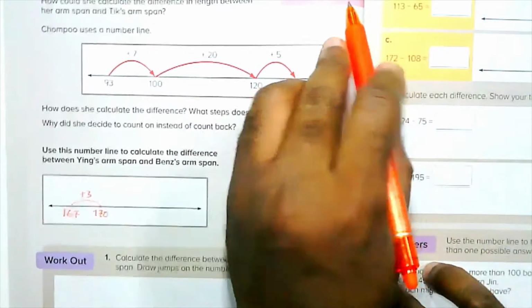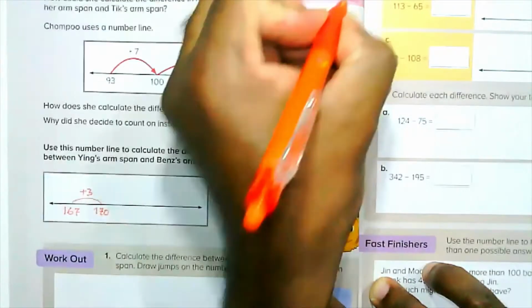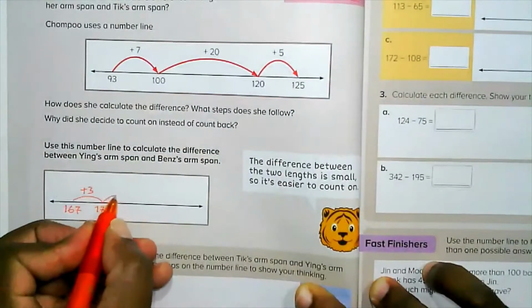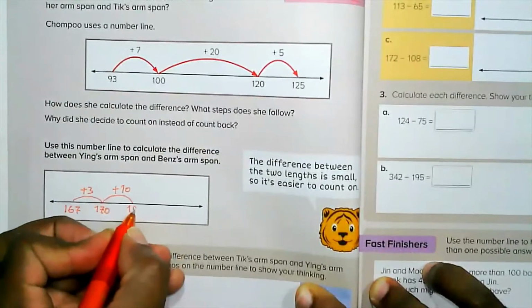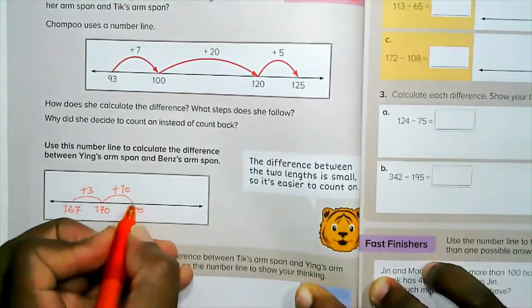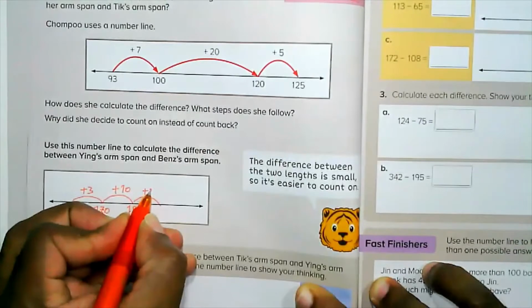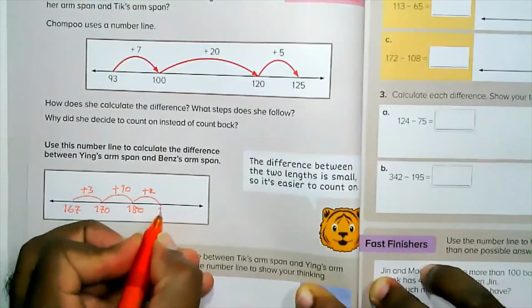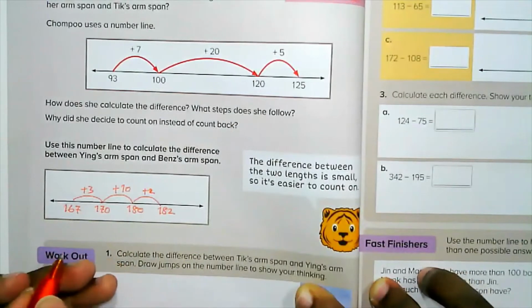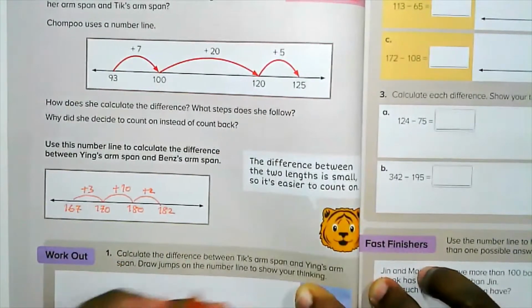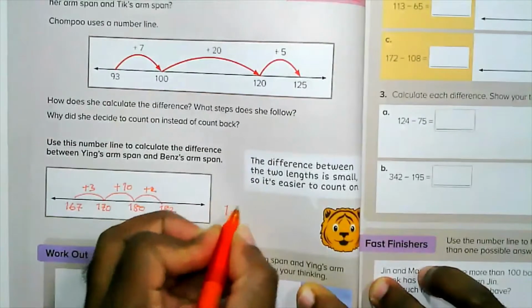We're looking at 182. So plus 10 would be 180, plus 2 would be 182. So 3 plus 10 plus 2 would be 15. So the difference is 15.